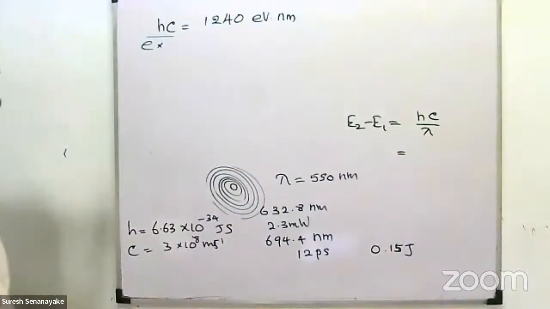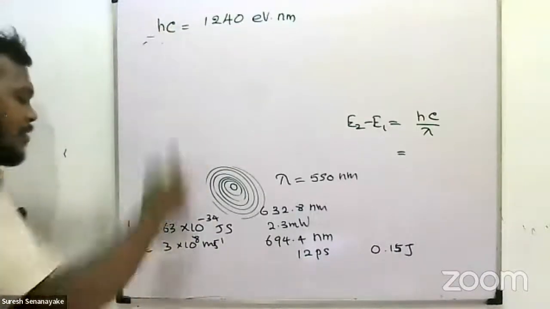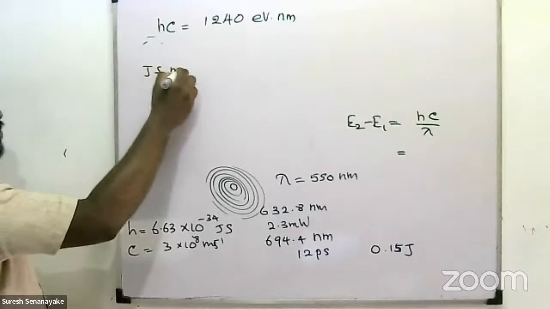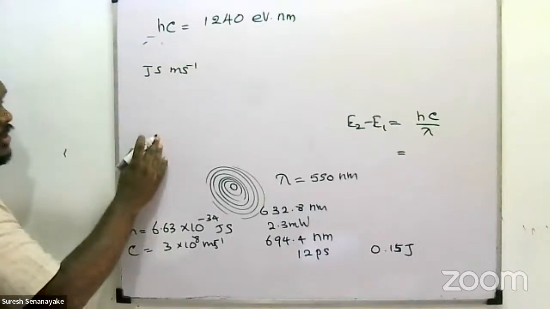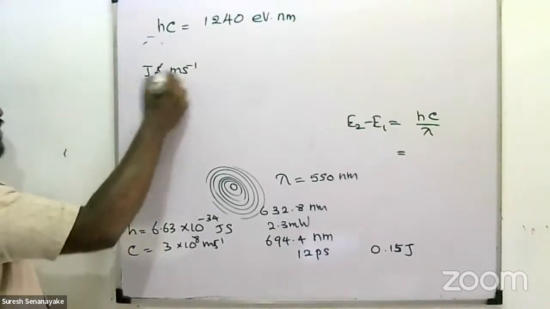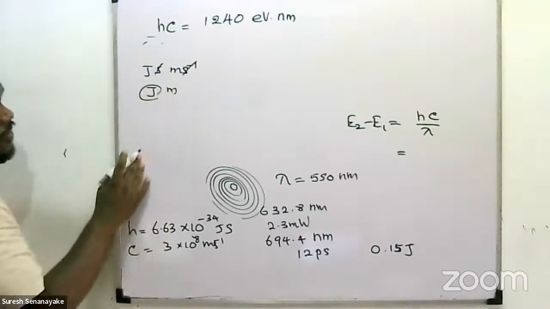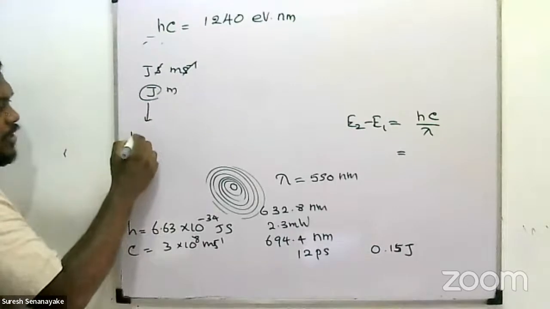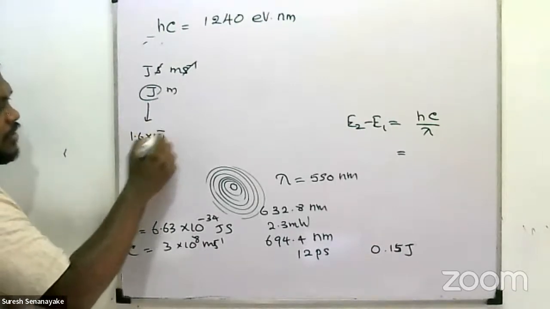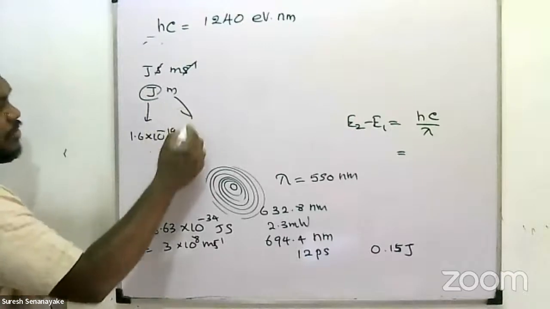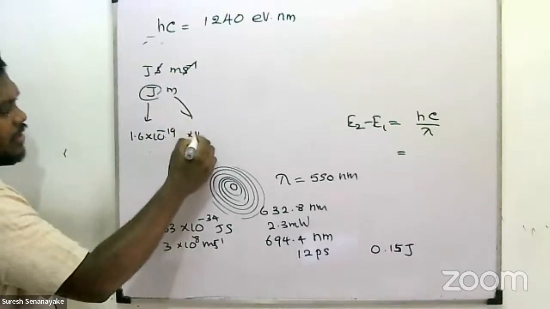Joule converted to eV by dividing by 1.6 into 10 to the minus 19, and meter converted to nanometer by dividing by 10 to the minus 9.